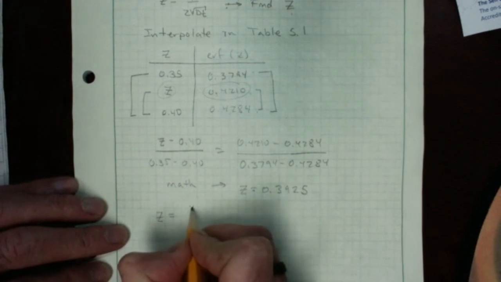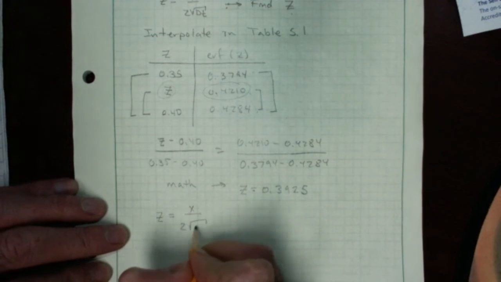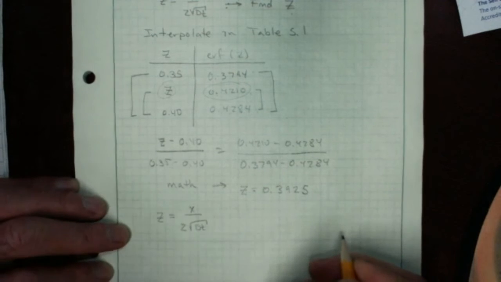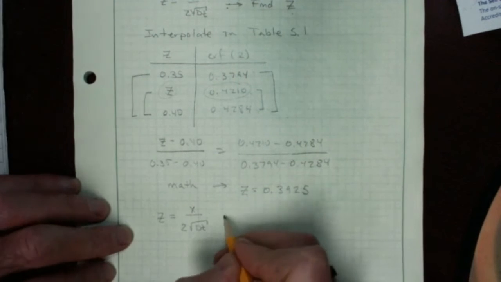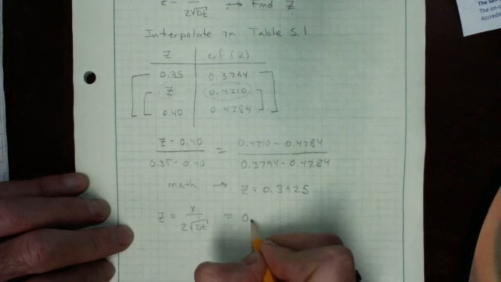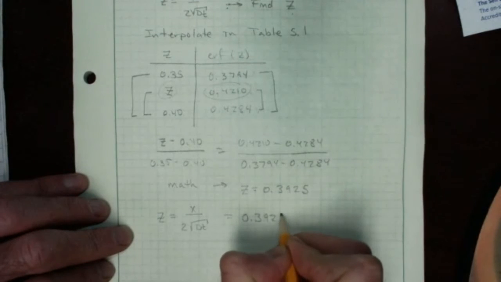Recall that Z is x over 2 times the square root of Dt. And that in this problem is equal to 0.3925.